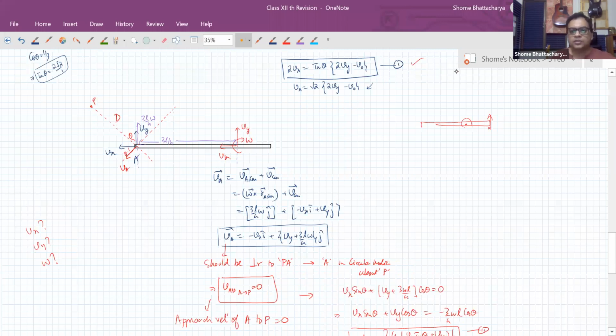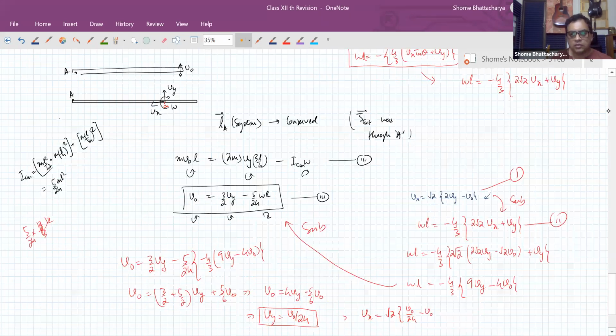Okay, so Bhumik understood this now? Bhumik, you are clear with the second equation now, how you got?